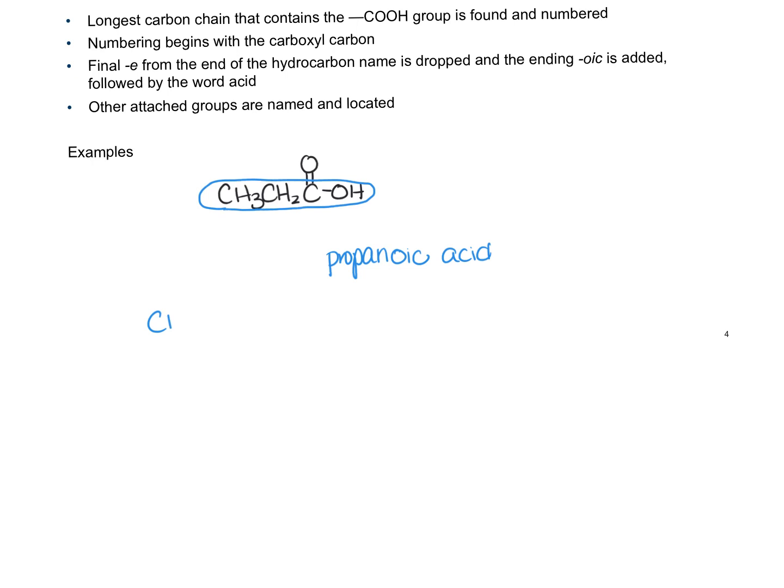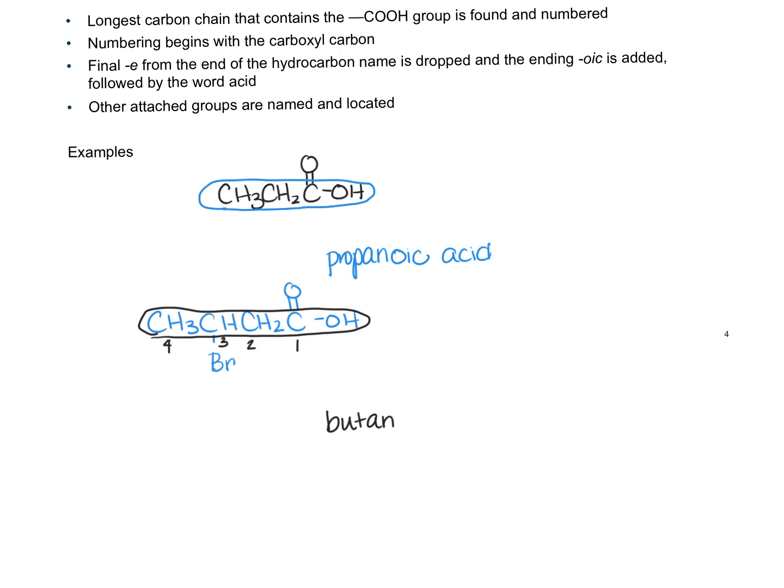Let's look at, for example, this guy. In this example, our longest hydrocarbon chain is here that contains the carboxylic acid. When we count, there are 1, 2, 3, 4 carbons, and so that means it's going to have the base of butane.